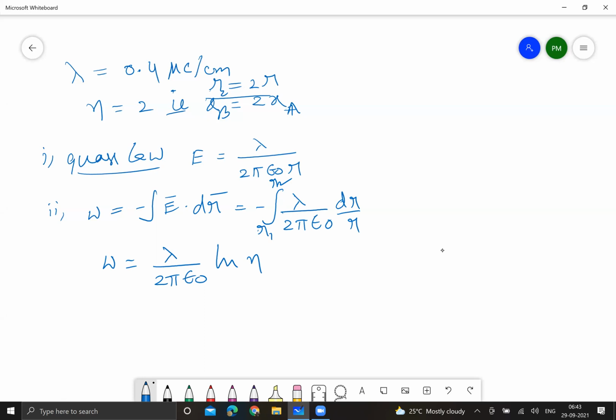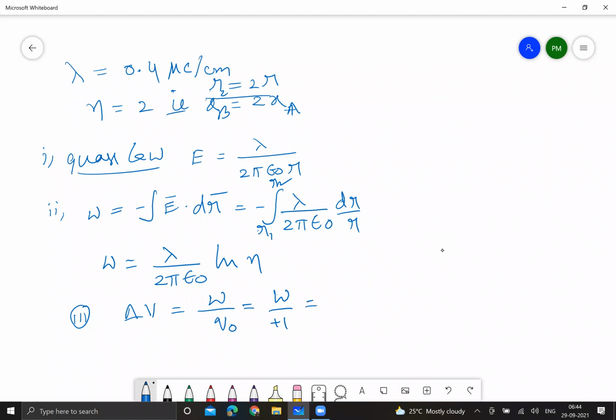Then the third step, potential difference is work done on a unit positive charge. Here we have to assume a unit positive charge.